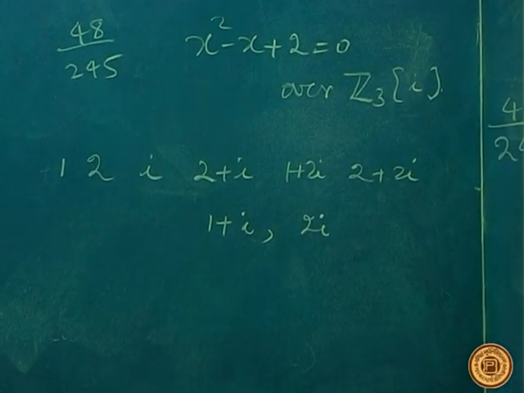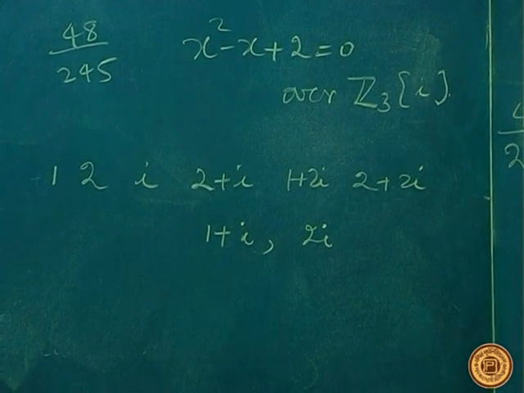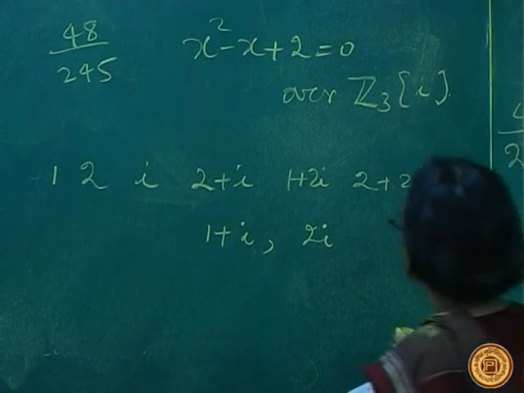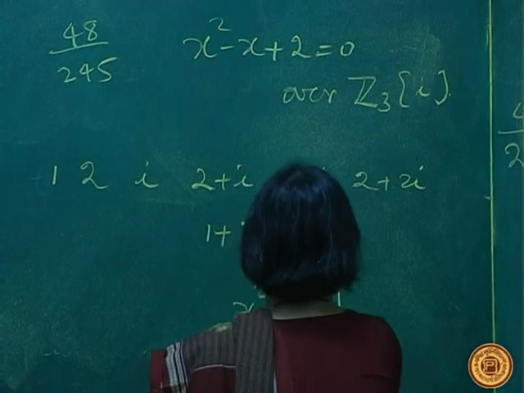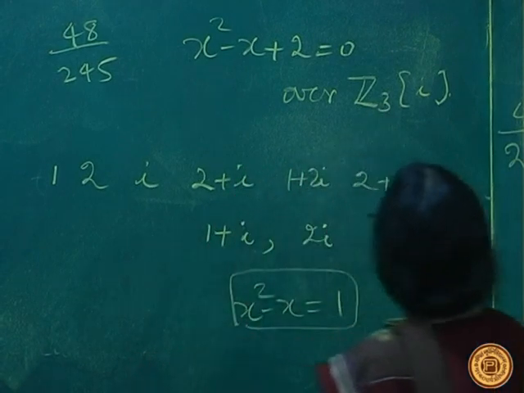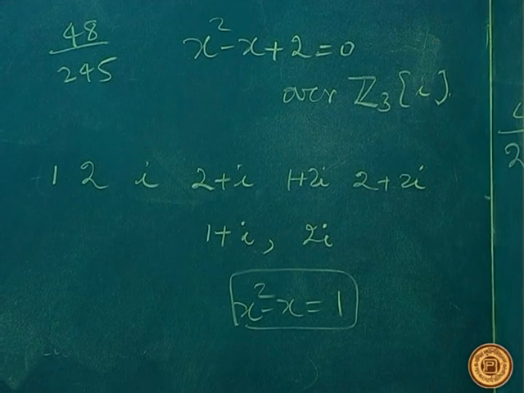So what do you want? You want the solutions of x squared minus x plus 2 is equal to 0, or in other words you want the solutions of x squared minus x is equal to 1. It is the same in Z3i. So x squared minus x is equal to 1 is what you want to solve.